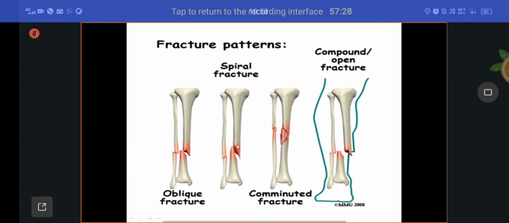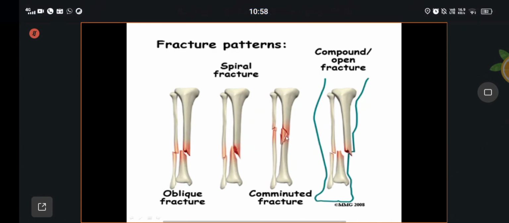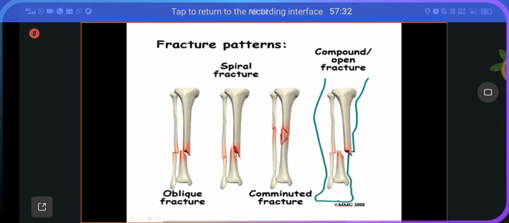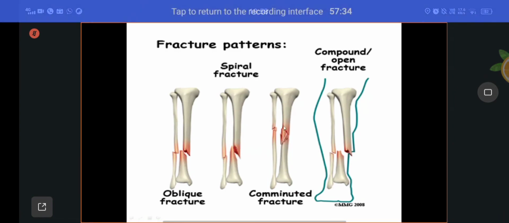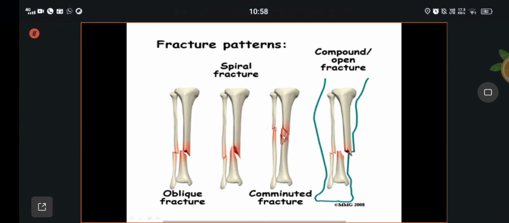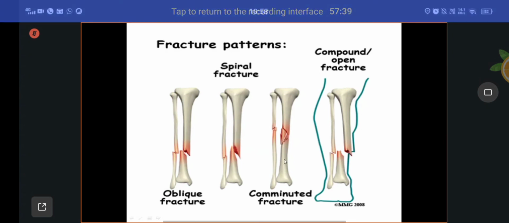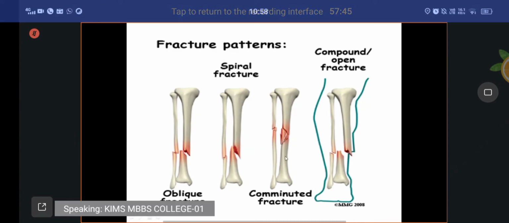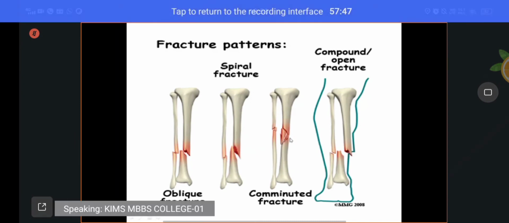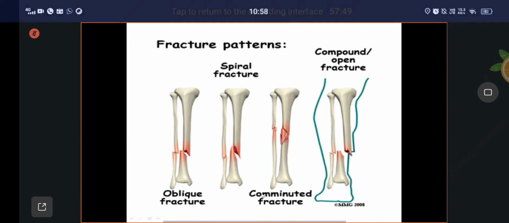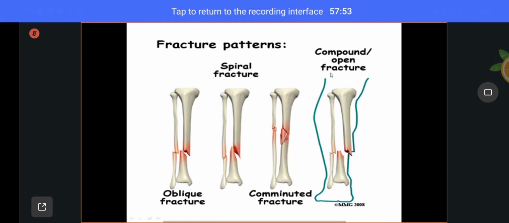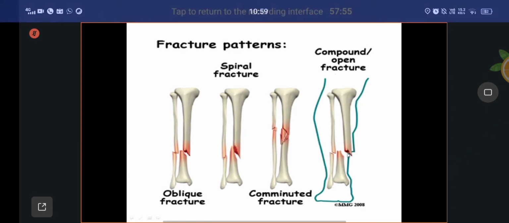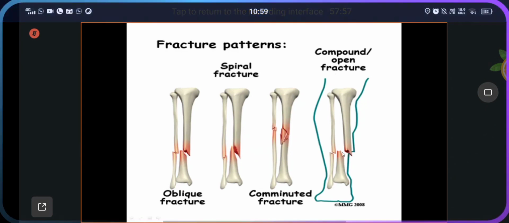In a simple fracture only the upper part and lower part are separated. In a comminuted fracture, instead of two fragments, you will have more than two fragments. Here also one fragment, another fragment, this is another fragment. The bone gets fractured and a number of fragments will be present. That is called a comminuted fracture.